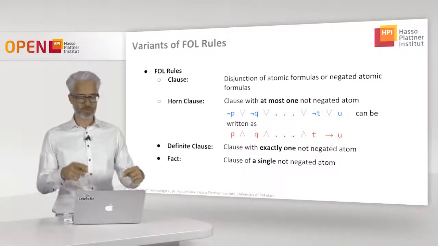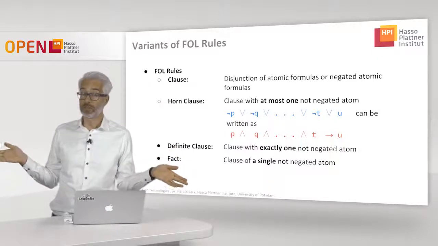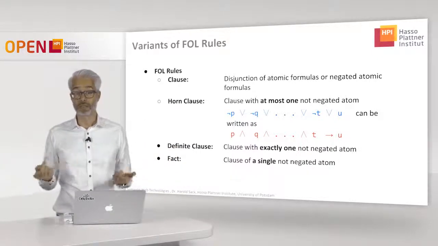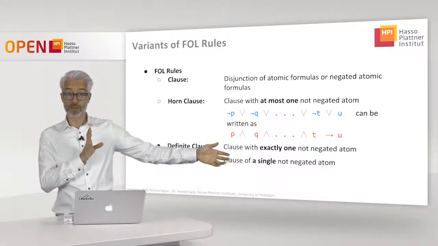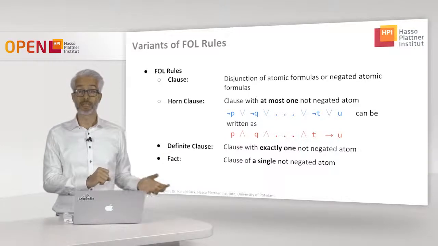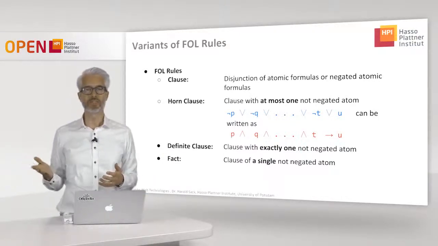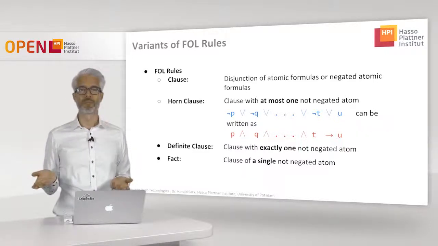And this you can see if you have a non-negated rule and you translate it into the clausal form: the entire first part, the body of the rule, is negated, and only the header is non-negated. So we have exactly one element which is not negated. And this would be a Horn clause.